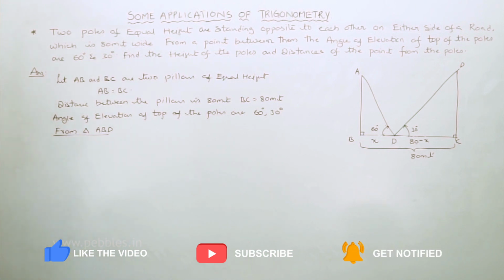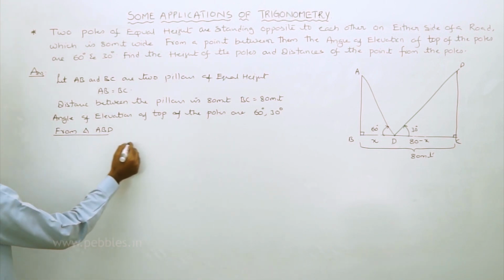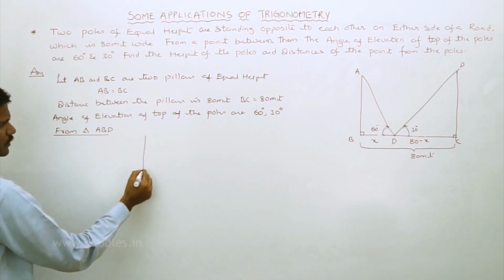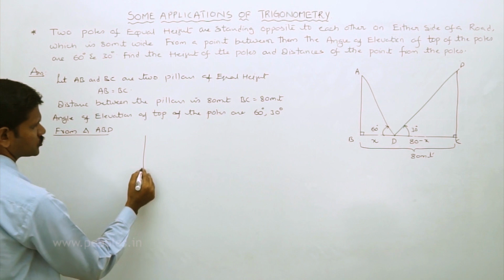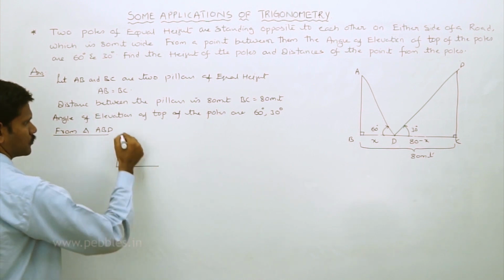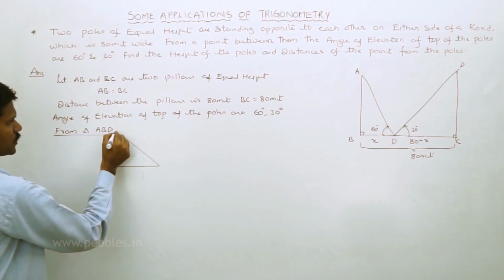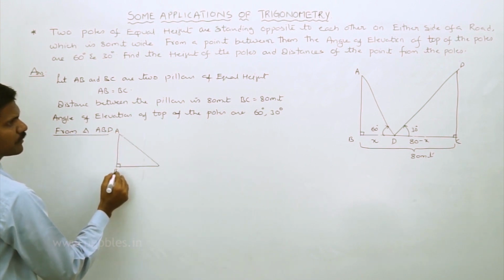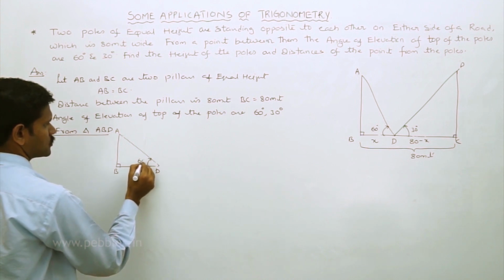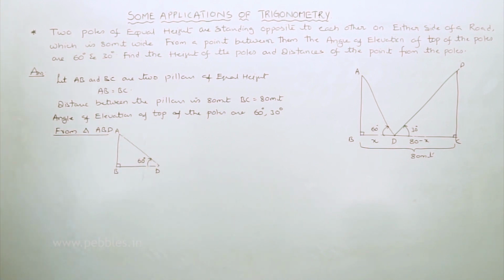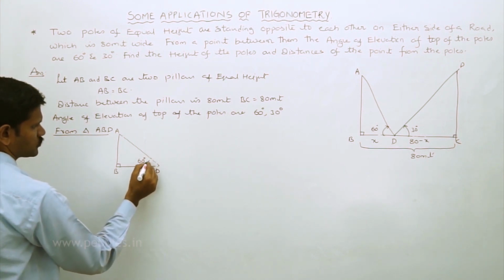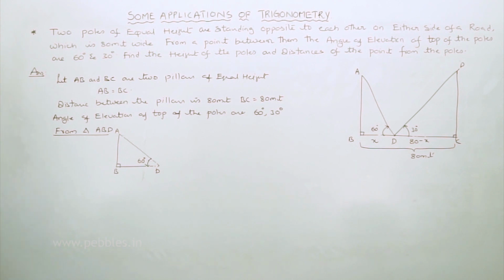Now, from triangle ABD, take the ABD triangle out. The right angle is at B, which makes an angle of elevation of 60 degrees. The arrow is downside because of the anti-clockwise direction.